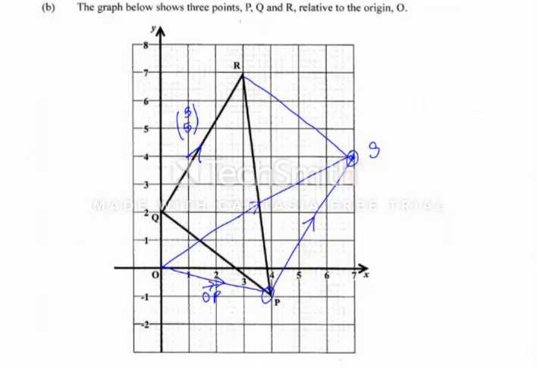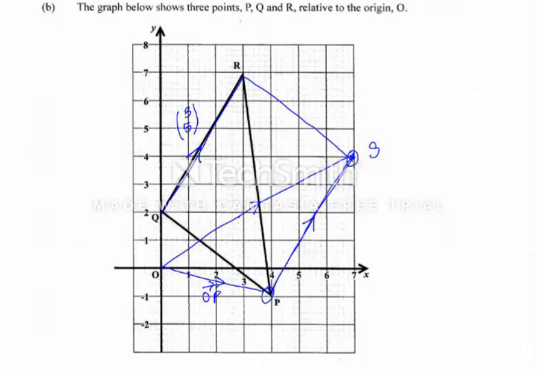We already determined the vector QR. Vector QR is (3, 5). Let us now determine the vector PS.